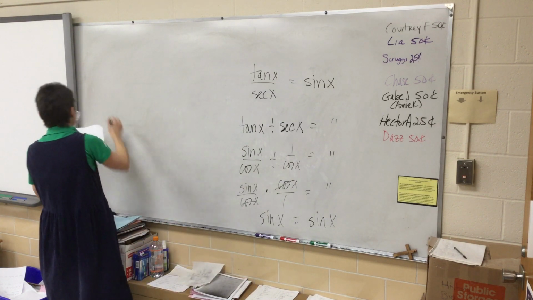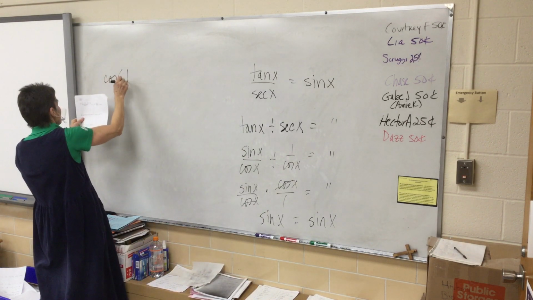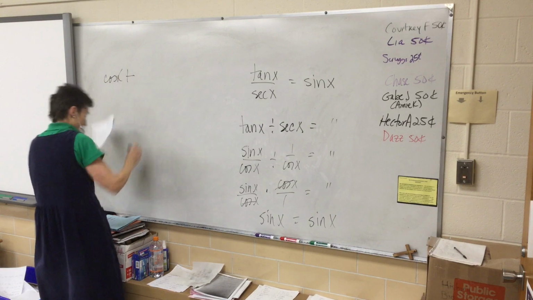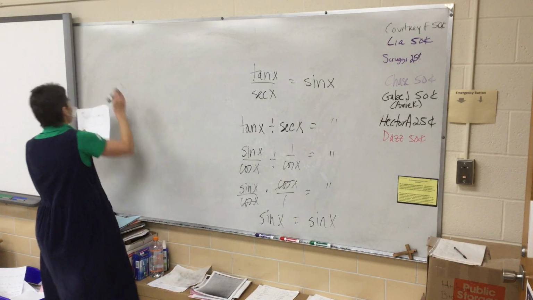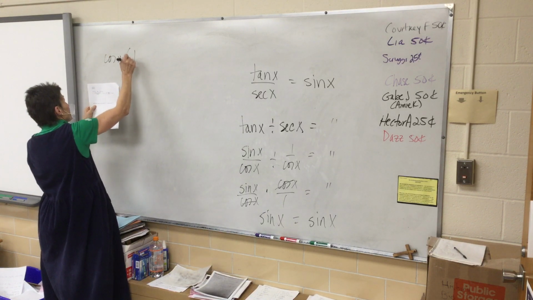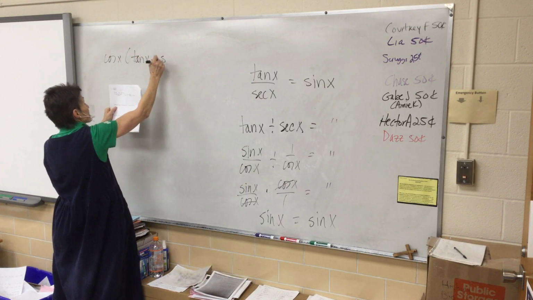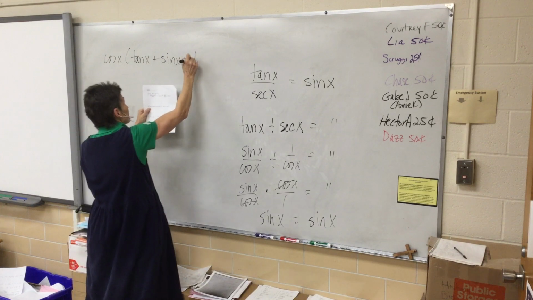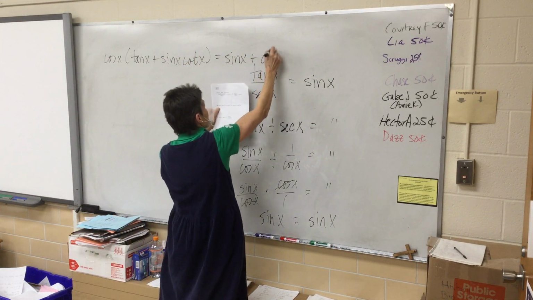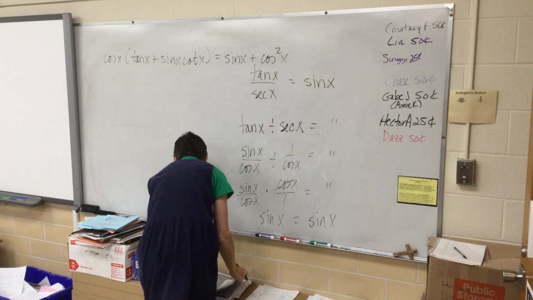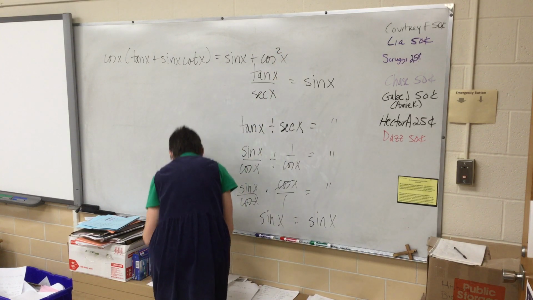Oh my. Let's see here. Cosine times tan plus sine times cotangent. All right, here we go.